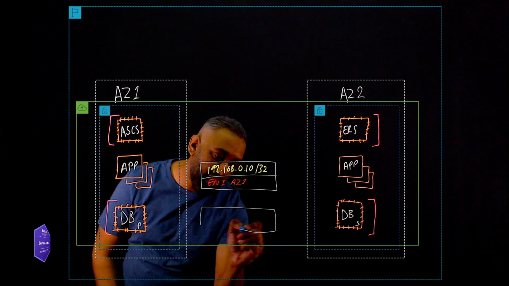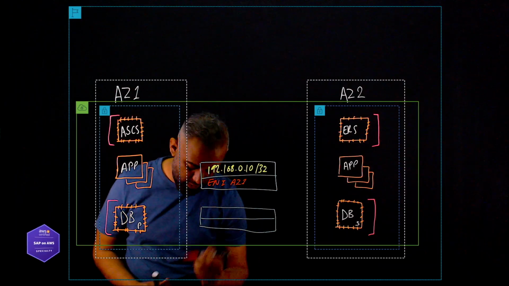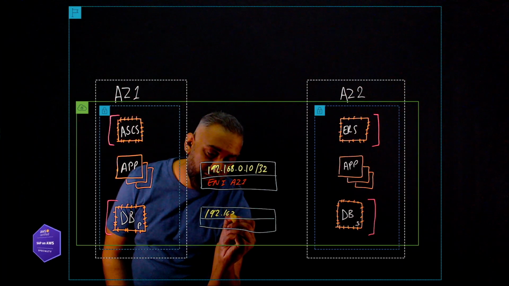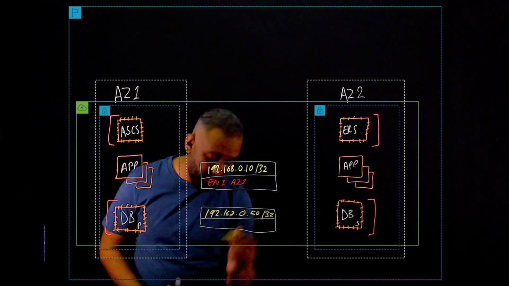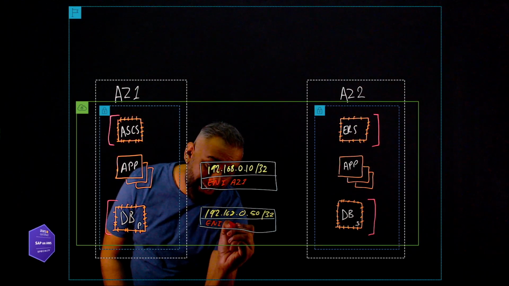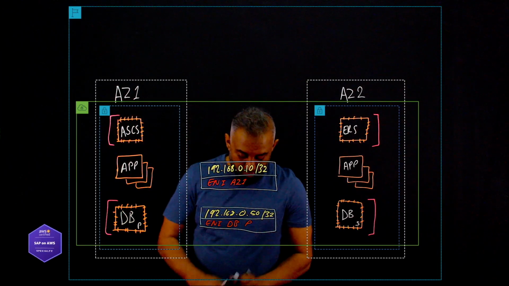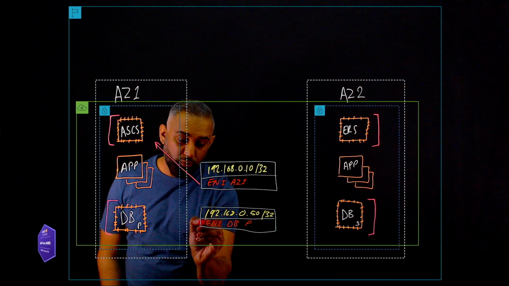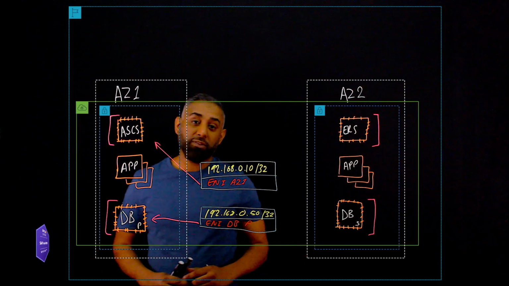So I'm going to drop this in again, and we'll give this an overlay IP address of 192.168.0.50, again /32, so it's a single IP, and this will be the ENI of the database primary. Okay, so right now the route table is directing traffic to the ABAP Central Services, and this one is directing traffic to our primary database.